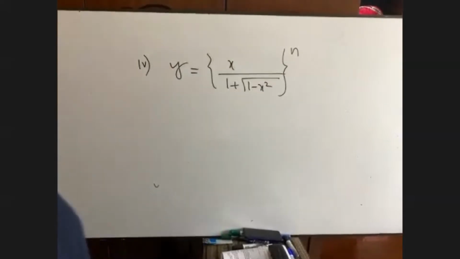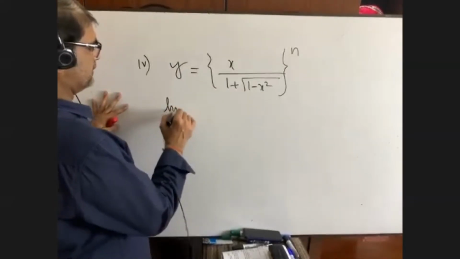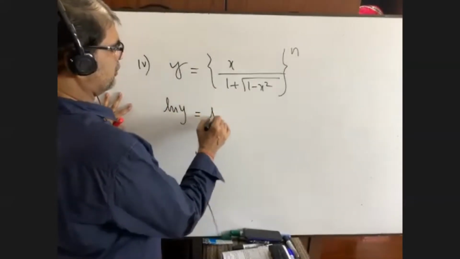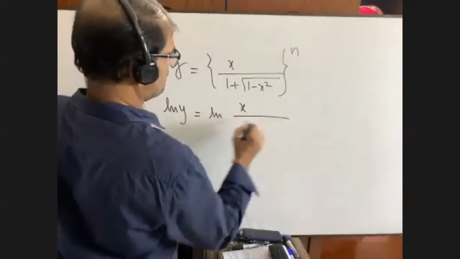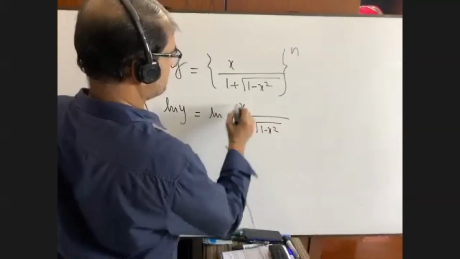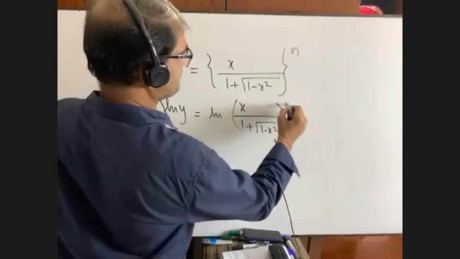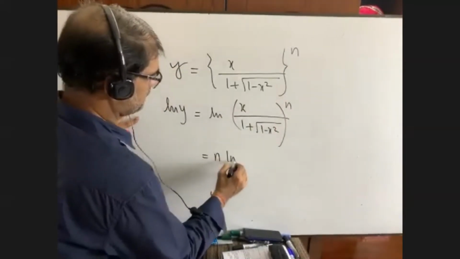Yes, you have to take ln, then n is common. Very good. Take ln. ln y is ln (x/(1+√(1−x²)))^n. Just wait.